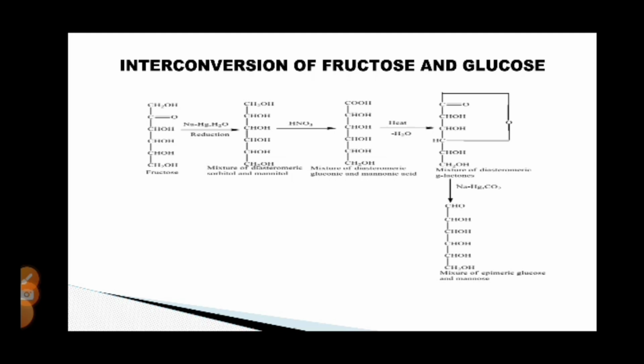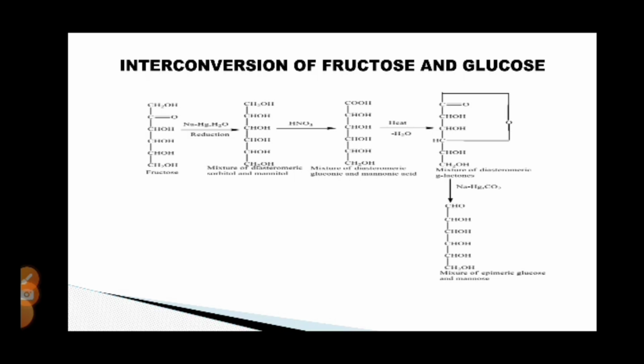Interconversion of fructose and glucose, or conversion of ketoses to aldoses. In this conversion, the first step is that the keto group of the ketose is reduced to a hydroxy group, resulting in the formation of epimeric alditols.